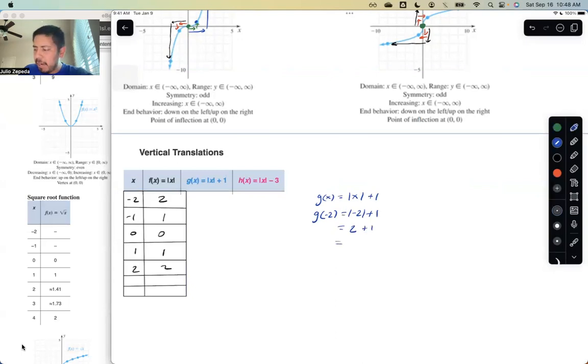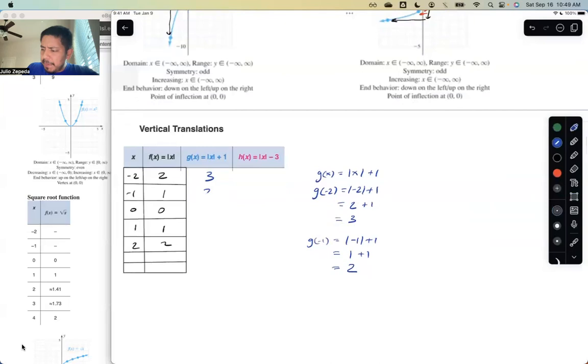We add 1 to that y value to get a new y value of 3. g of -1 is the absolute value of -1 plus 1. This is 1 plus 1. So we still get the value 1, but then we're adding 1 to it. And so we get 2.